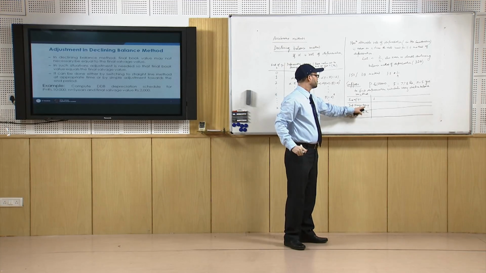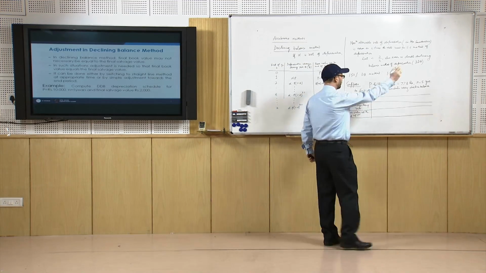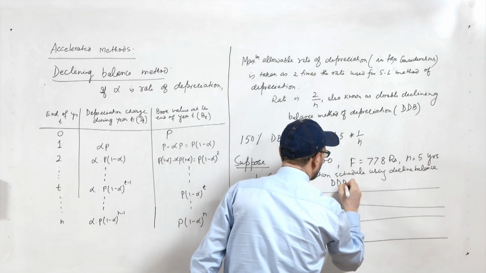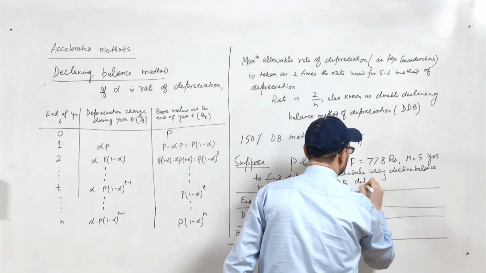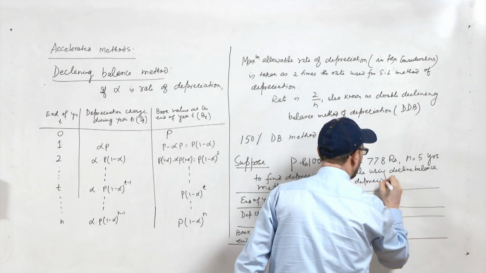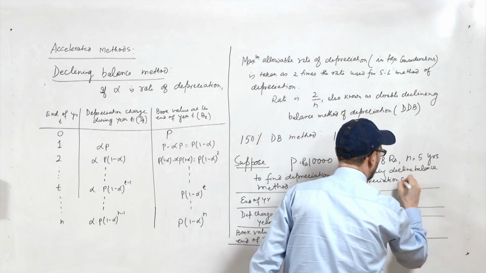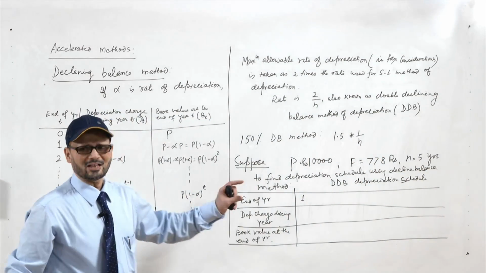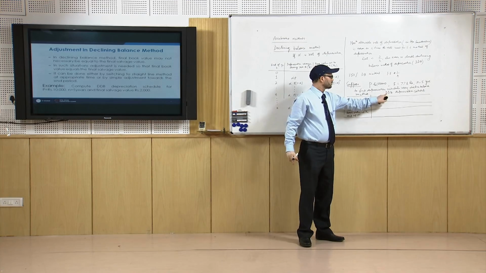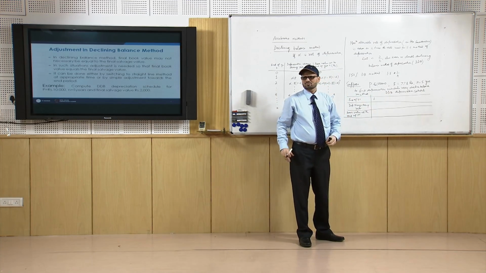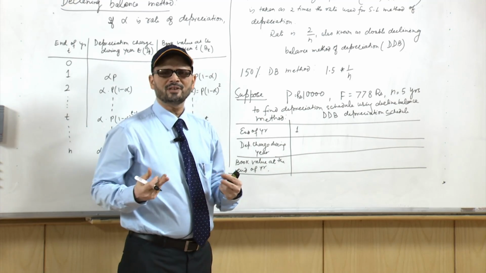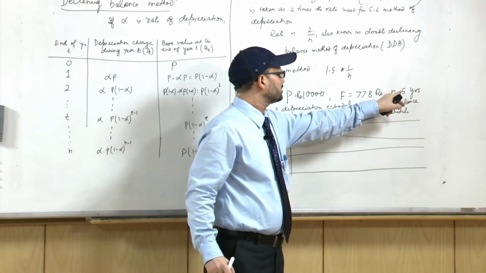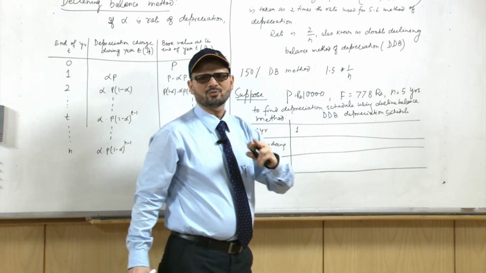now depreciation charge during the year. So, we will follow here the DDB depreciation schedule. As we know that in the double declining balance, the percentage of depreciation will be 2 times the rate of depreciation, and rate of depreciation is 1 by 5, that is 20%.